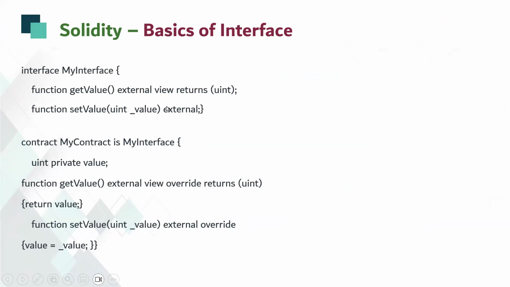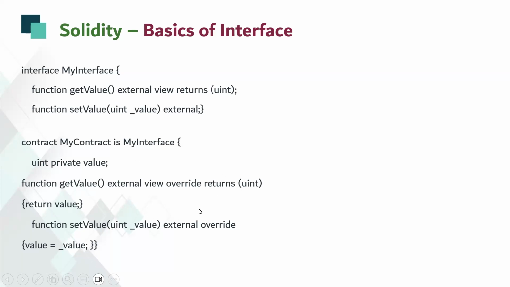The functions are declared with the external visibility specifier, indicating that they can be called from outside the contract. And the view keyword is used for the getValue function to indicate that it doesn't modify the contract's state.